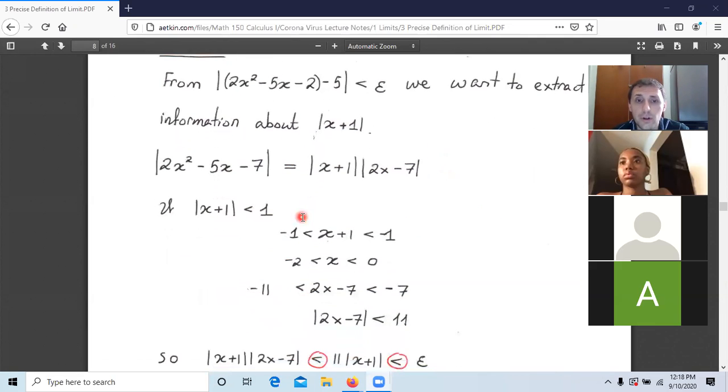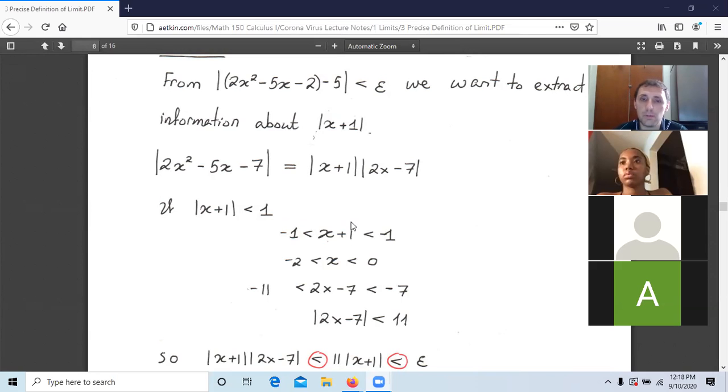So from this information, if absolute value of x plus 1 is less than 1, I have this calculation that x plus 1 is between -1 and 1. Guys, do you understand how I get the first line? Okay, Joshua, where do I lose you?